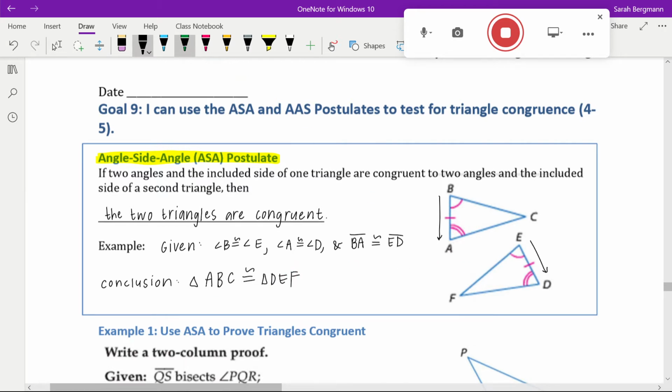Notice that if we look at this in order, it goes angle, side, angle. That's why it's called the ASA postulate.